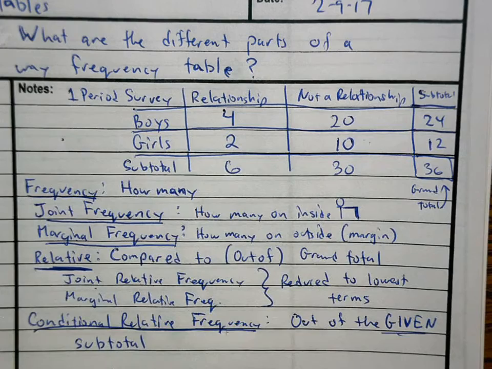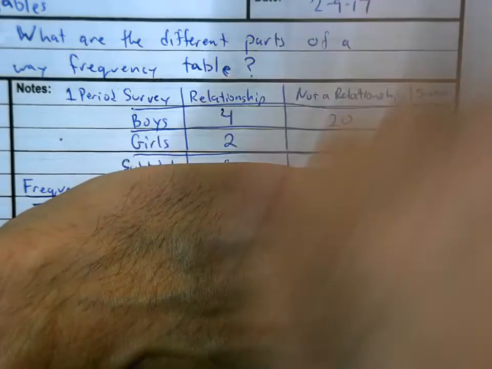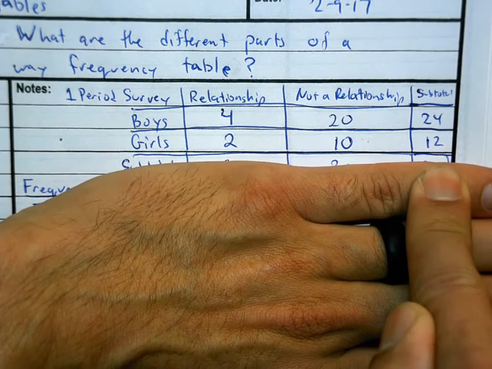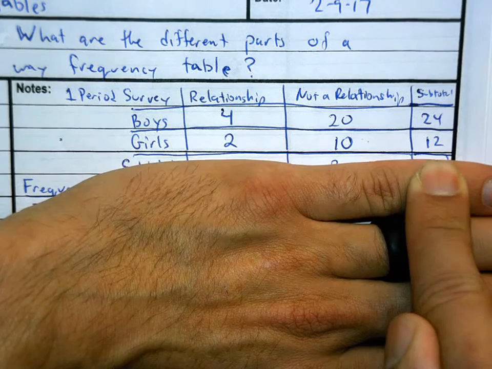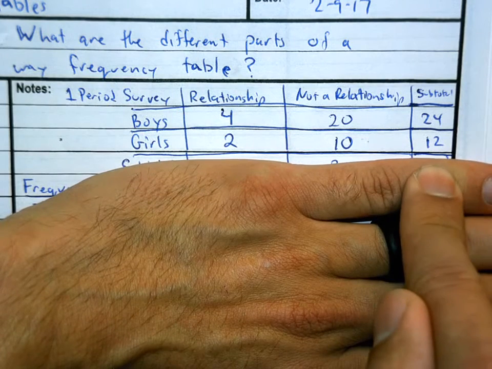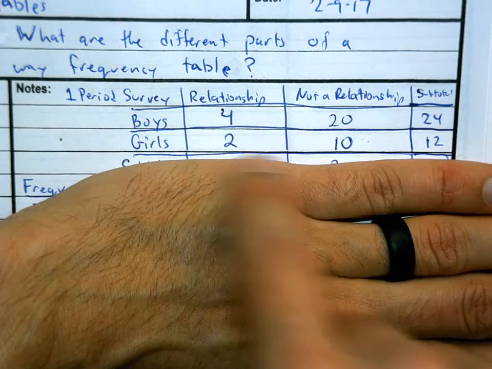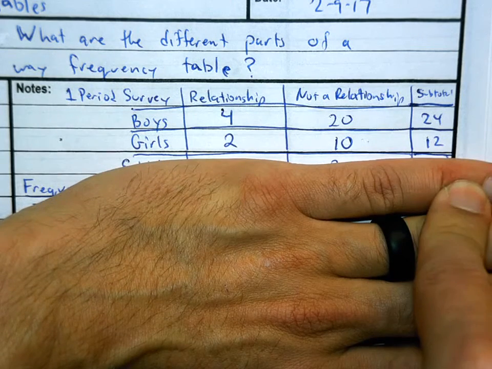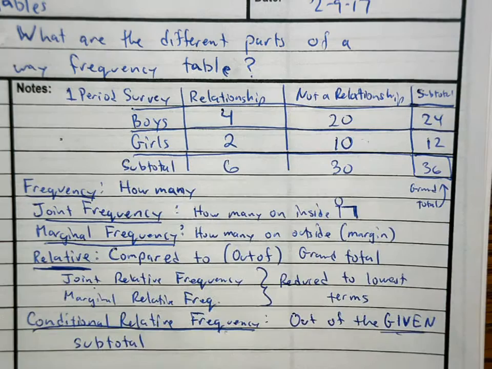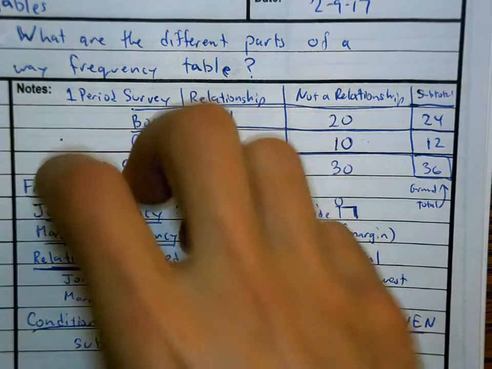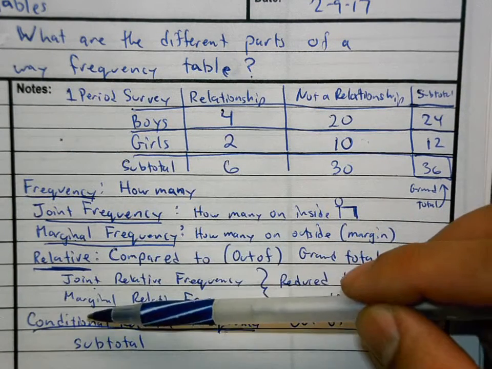When I say given, and it says girls, you're going to do out of how many are girls? What's our total in that class? We have 12 girls. So how many of them are in a relationship? There's 2 out of 12, which reduces to 1/6. That's the hardest part of two-way frequency tables, is knowing what these words mean.